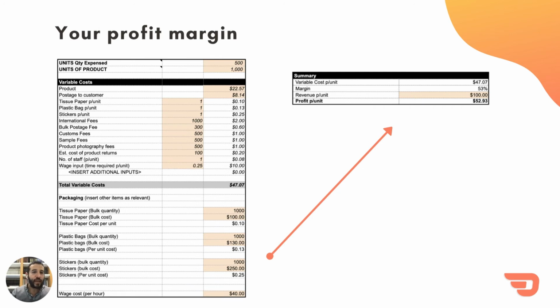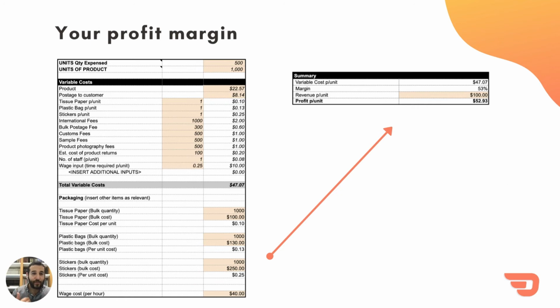And then as you move down, it'll ask you for various things, how much your actual product costs are, postage, if you pay for postage to customers, and then a range of other components. It'll ask you for how much tissue paper you use per unit, plastic bags per unit, stickers per unit, international fees, etc. Right down to the number of staff required to put together a given unit of your product, right?